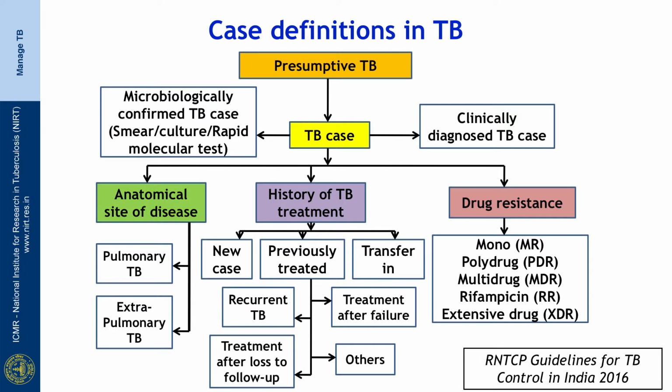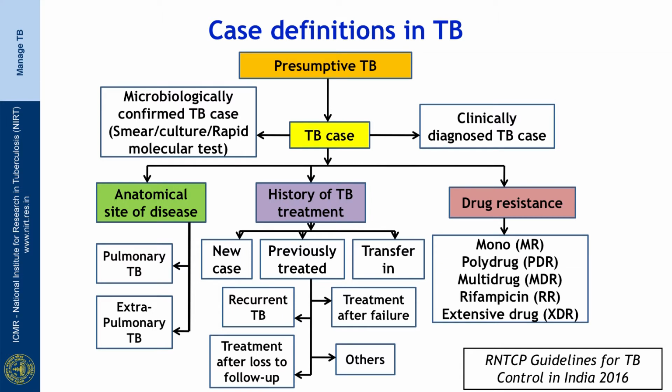Equally well, depending on the anatomical site of the disease, this child may have lung involvement, where it is called pulmonary TB, or may have other involvements of lymph node, CNS, bone or pleura, where it is called extrapulmonary TB. If this child has never taken treatment in the past, it is called a new case.